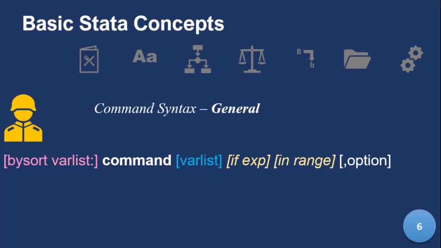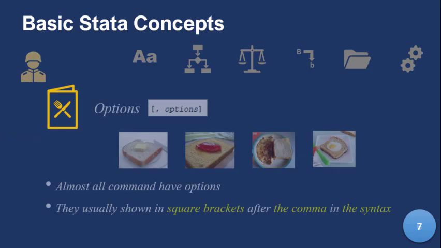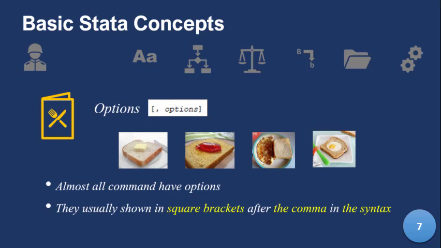So without wasting much time, I go on to options. Most activities are carried out by commands, but most commands too have what we call options. The best analogy I can give you is the command being bread.